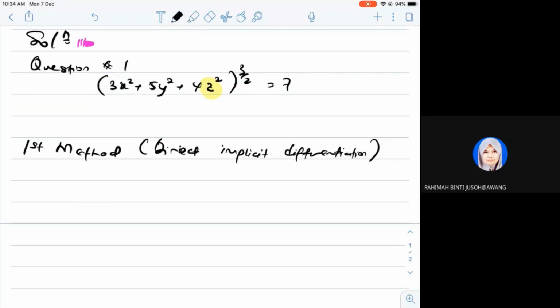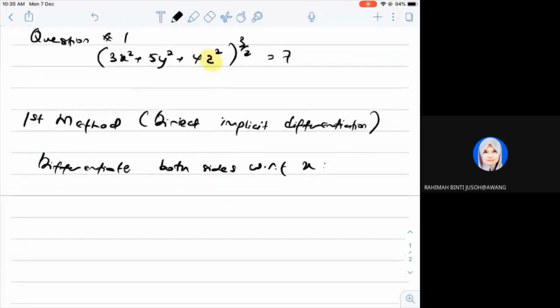So what to do in order to find del z over del x? We differentiate both sides with respect to x.